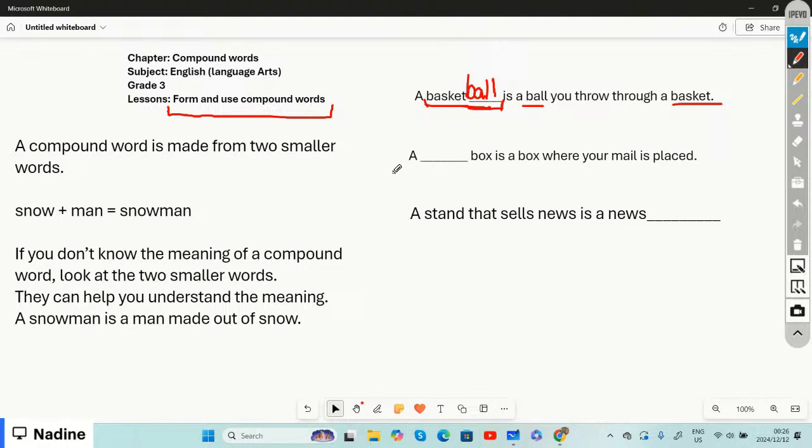The next one says, a what box is a box where you put your mail in? What is that compound word?